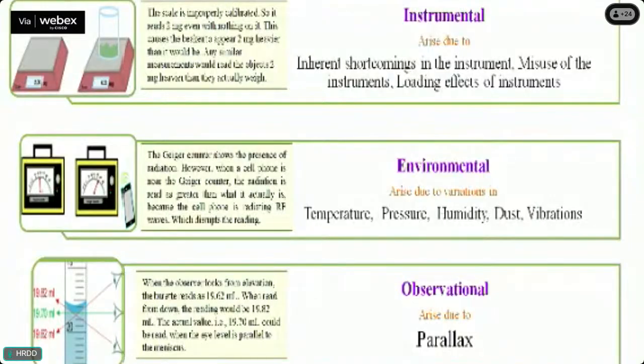The rules are given here. This one. When you are multiplying with a constant A, you see the relative error calculation, sigma A by A gets cancelled out. Other things remain. This is the rule we take.